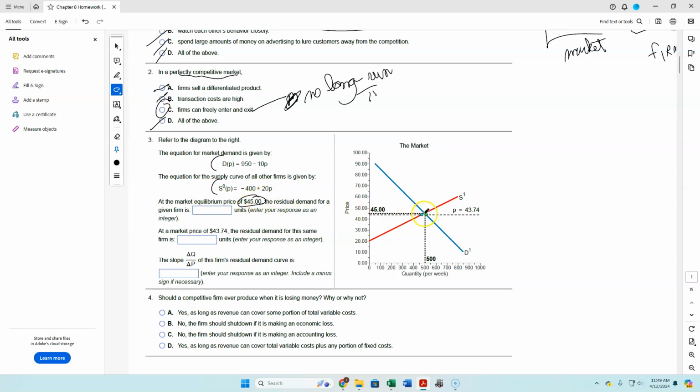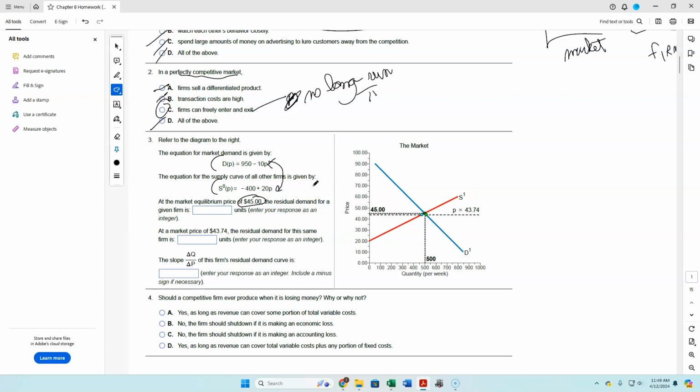So at this market equilibrium of $45, we're asked to find the residual demand for this firm. So $45 is what we would have found by equating the demand and the supply with each other.